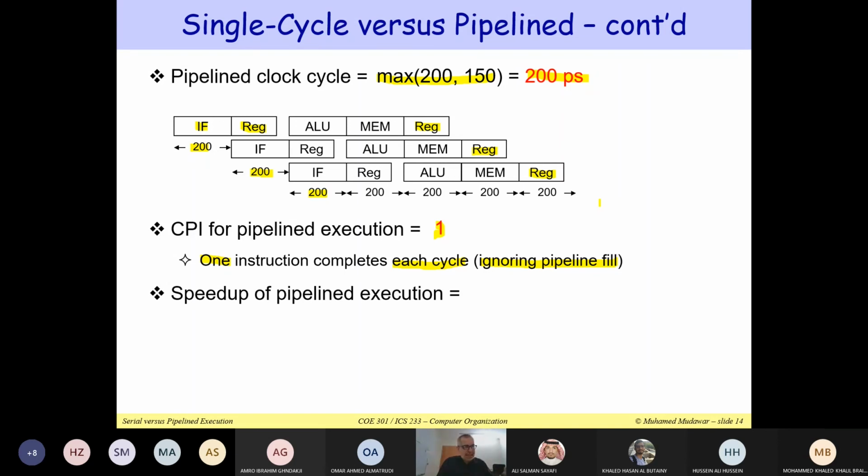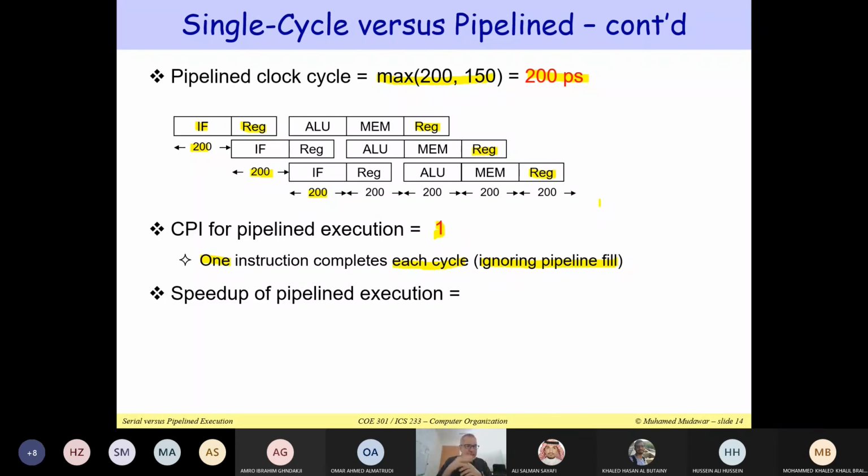Now we can compute the speed up of pipeline execution. We look at the serial execution time and the pipeline execution time. The instruction count is the same, so we don't really have to show it. We multiply by the average CPI, which is 1 for the single cycle and also 1 for the pipeline. So the CPI is the same.